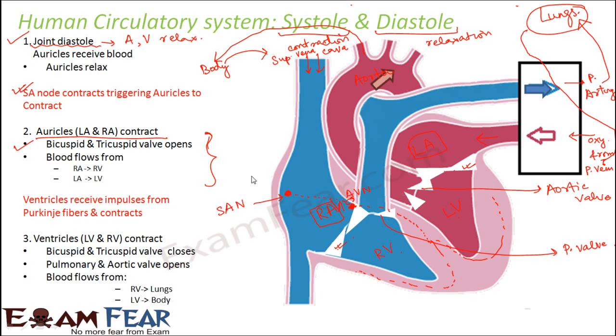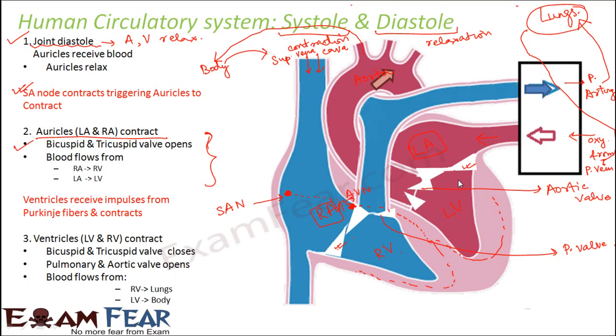Now once the right ventricle has sent all the deoxygenated blood to the pulmonary artery and the left ventricle has sent all the oxygenated blood to the aorta, the ventricles get relaxed. Right? Now once the ventricle gets relaxed, the ventricular pressure also falls, because till now there was a high pressure.